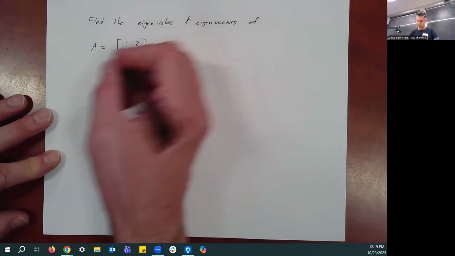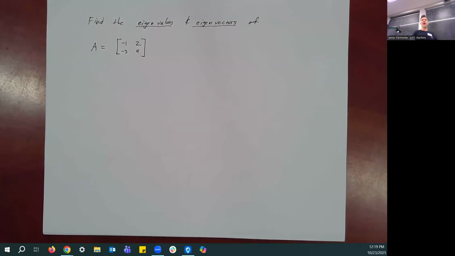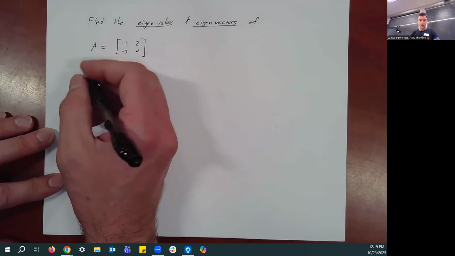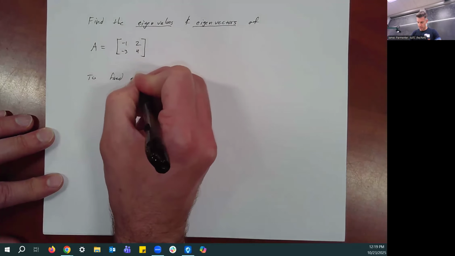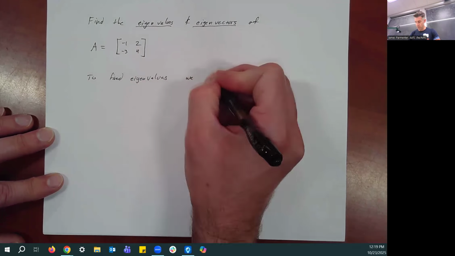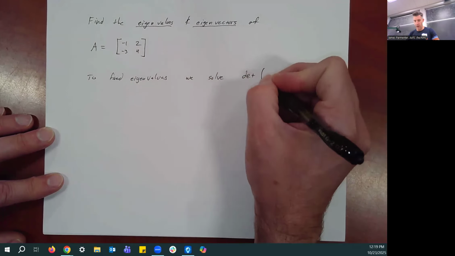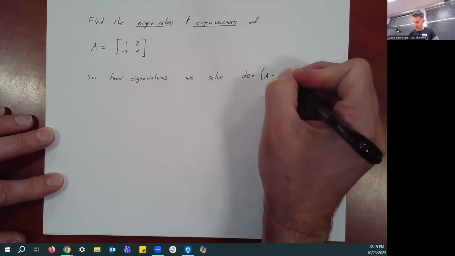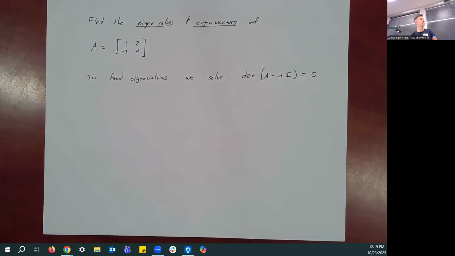So first, whenever you're finding eigenvalues and eigenvectors, you have to find the eigenvalues first. You can't really find the eigenvectors without knowing the eigenvalues. So to find the eigenvalues, we solve this equation: the determinant of A minus lambda times the identity matrix equal to 0.